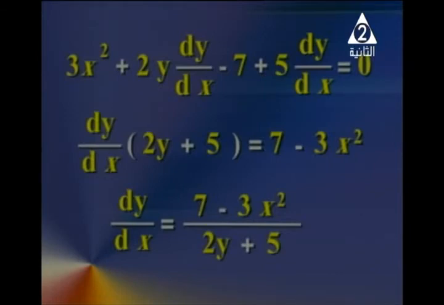After that, we find dy over dx equals 7 minus 3x power 2 over 2y plus 5. Then dy over dx equals 7 minus 3x power 2 over 2y plus 5.